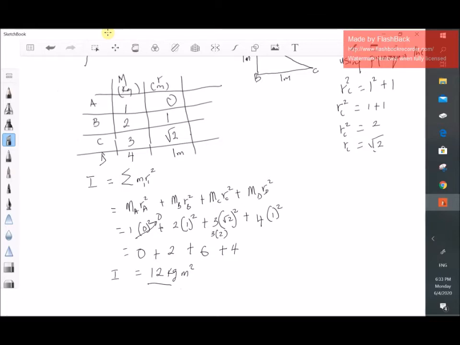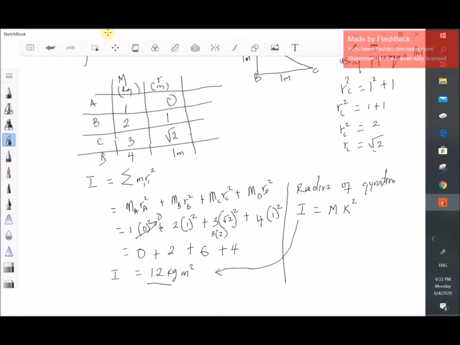Also, we are asked to find the radius of gyration at point A. And the formula is I equal to mk squared. Alright, now our moment of inertia is given as 12.